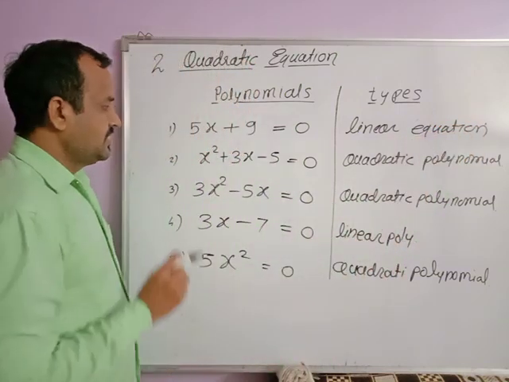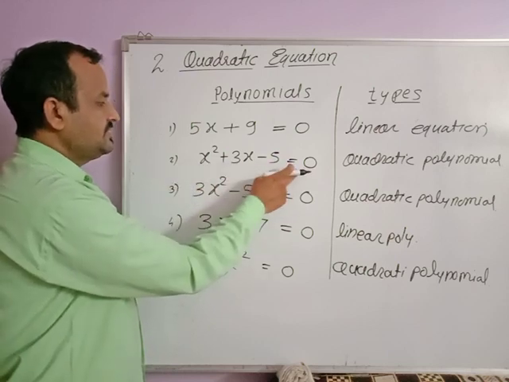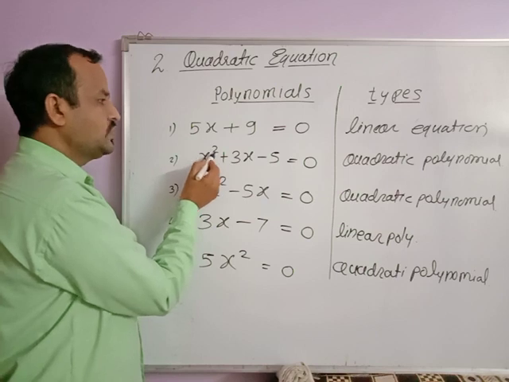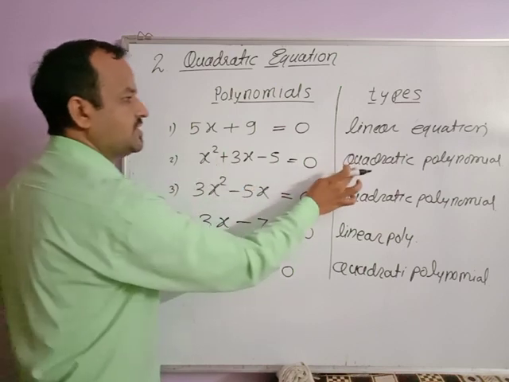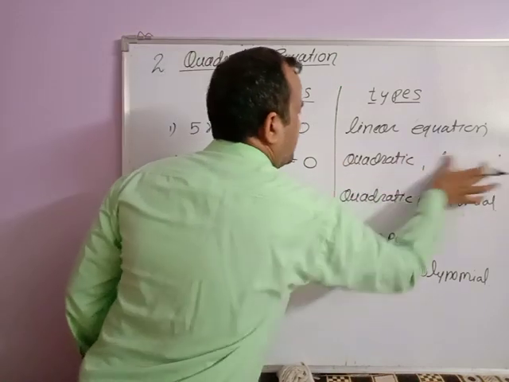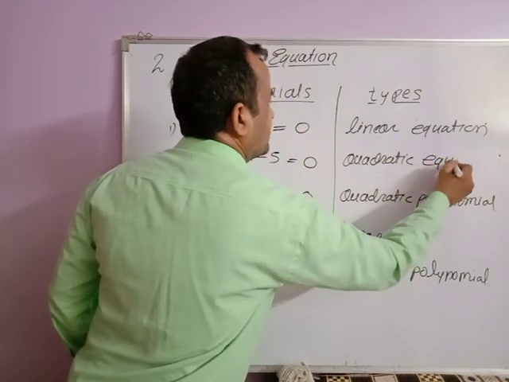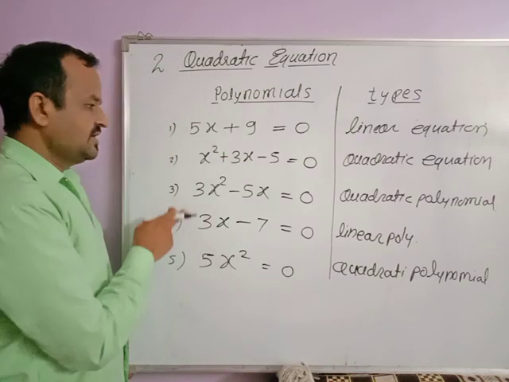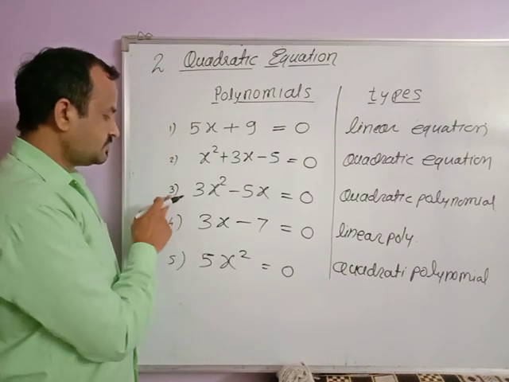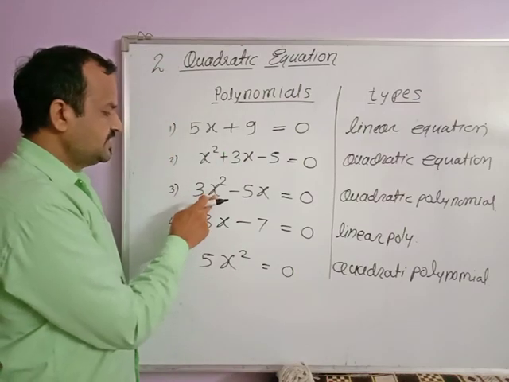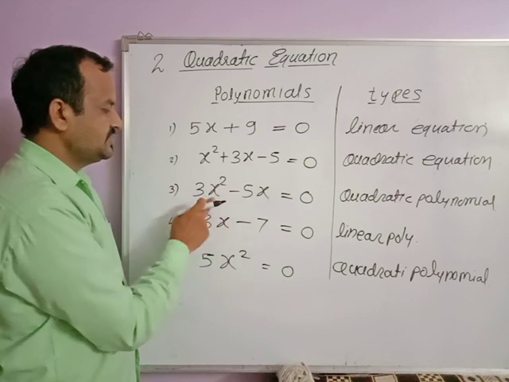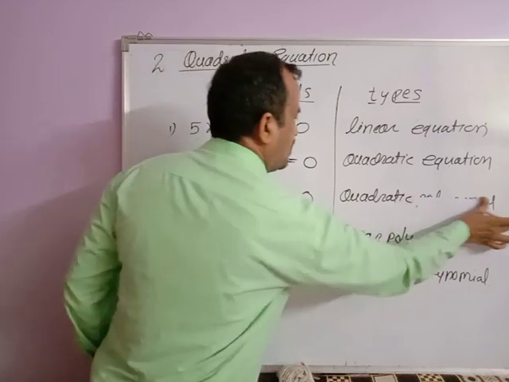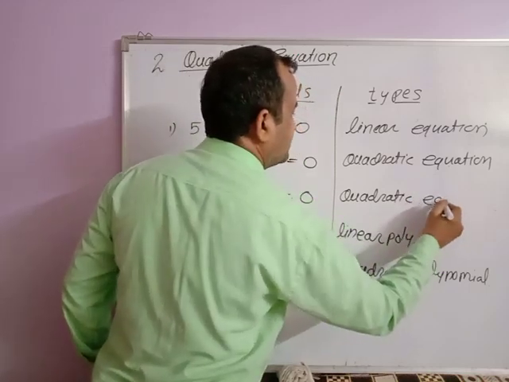And the equation which contains only one variable and degree 2 is called a quadratic equation. Similarly, in the third also, the degree of this equation is 2. That's why this is also a quadratic equation.